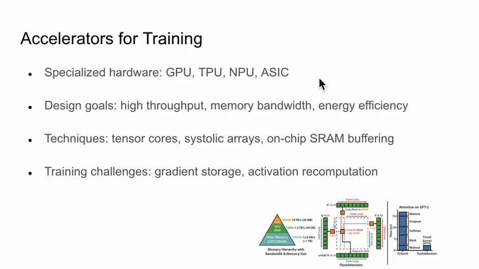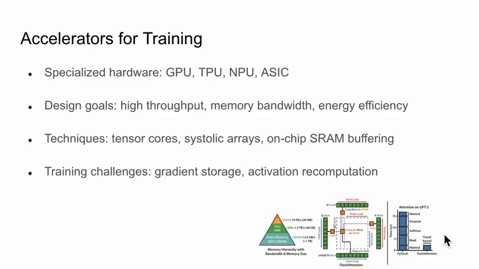These accelerators must balance compute with memory bandwidth. On-chip SRAM buffers are used to reduce expensive DRAM accesses. Well, in my previous reading about Flash Attention, it focuses on the algorithm of designing on-chip SRAM buffering.